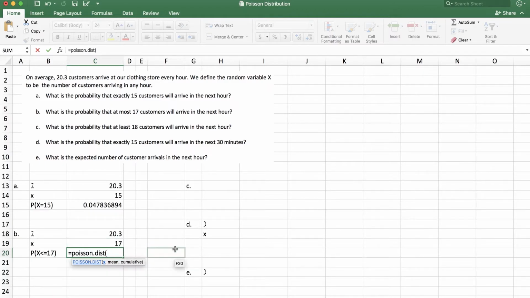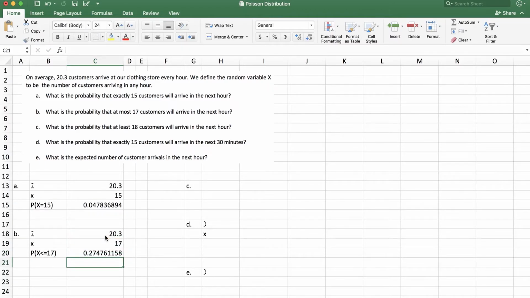X is 17, as I already put it in my template. The mean is 20.3. And like I said, this is a cumulative probability because it says at most, which includes 17, 16, 15, and so on. So I'm going to answer this question as true, which will give me the answer of 0.274.